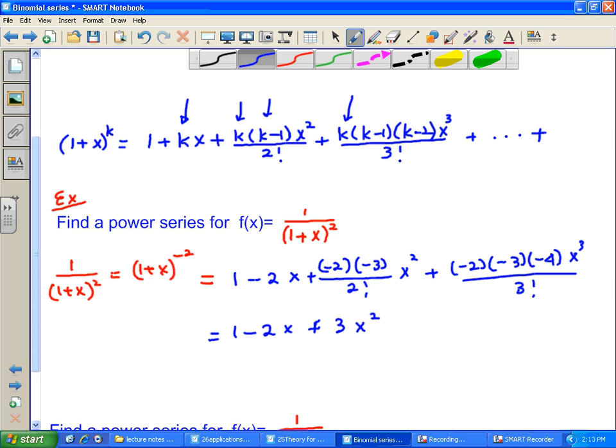Can you guess the next term? Or just obtain it? 3 factorial is 3 times 2, right? So those are going to cancel with the 3 times 2 on the top. What are we going to be left with? Negative 4. What am I missing? x cubed.